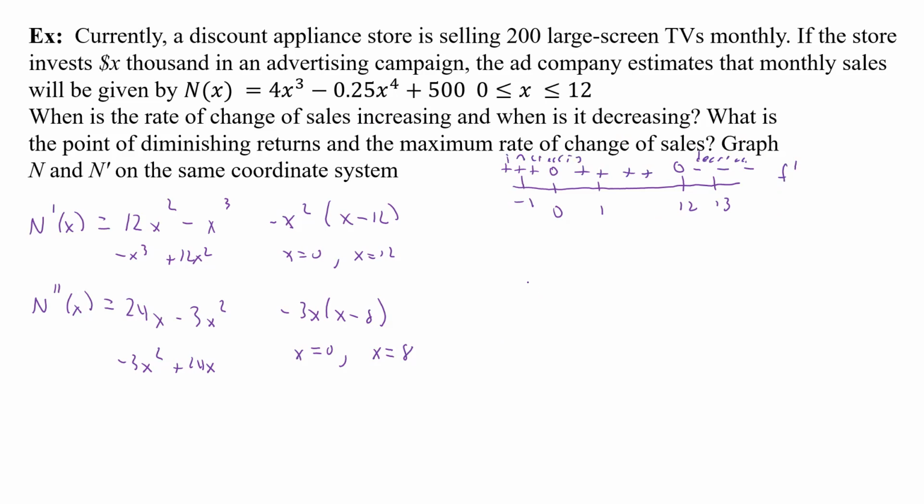Now, what about this one? All right, so we have 0, we have 8. Now remember, we can only go up to 12. That's kind of our key point. So after this, we don't care. We really only care up to this point here. So maybe let's look all the way to 12 here.